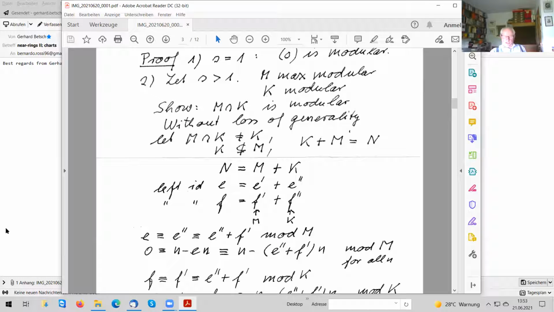Now we do some computing with congruences.